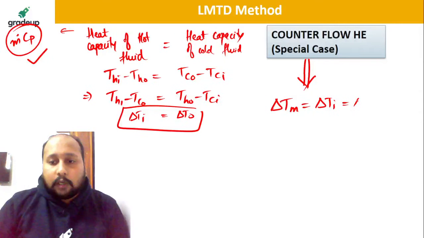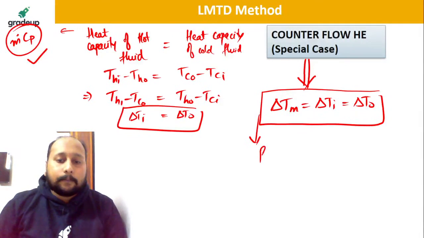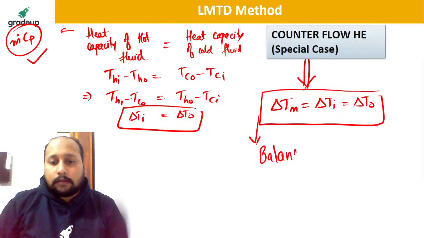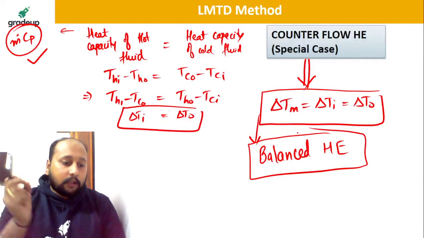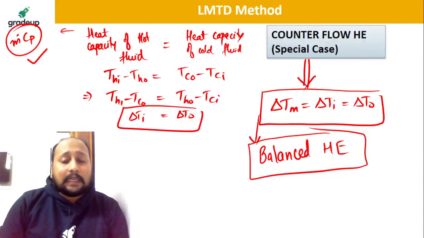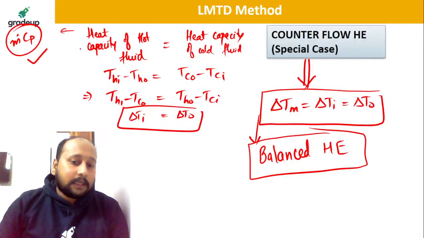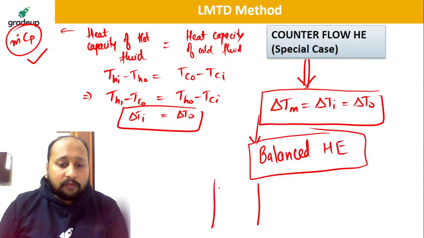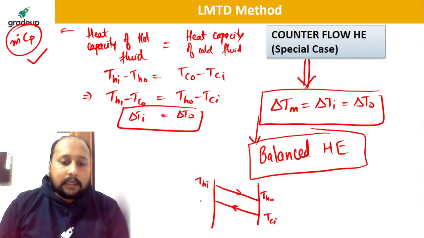Very interesting, important conclusion, because this type of heat exchanger we are calling a balanced heat exchanger, and this is only possible in counter flow. Okay, if in the question they state it's a balanced heat exchanger, by default we'll be assuming they have the same heat capacity, and if I draw the temperature profile, it will be two parallel straight lines. This is THI, THO, TCI and TCO.